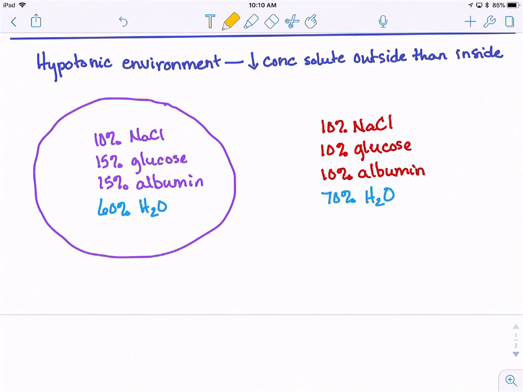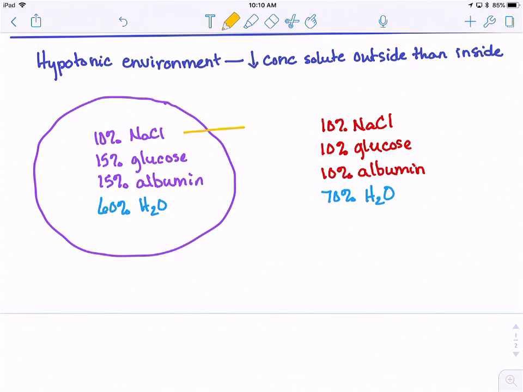All right, so once again, taking a look at each solute individually, and then we'll do osmosis. So NaCl, is it going to go out, go in, or stay the same? Stay the same. Now, is it still moving? Yeah, it is, but you just can't tell the difference in concentration. So it's moving out at the same rate it's moving in.